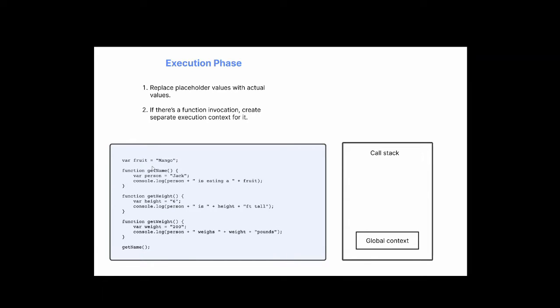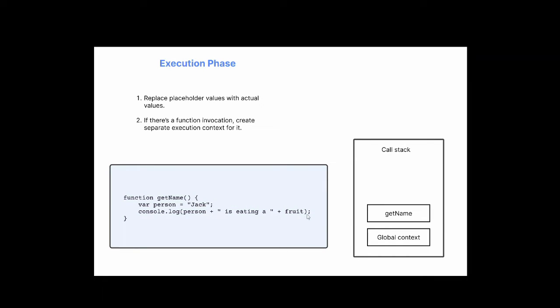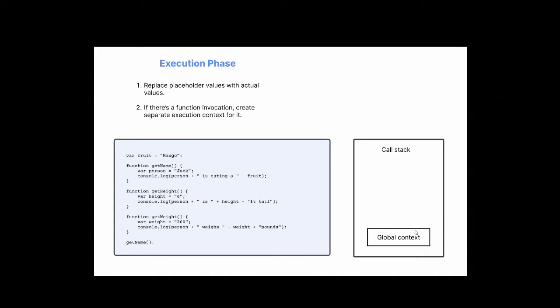Just like that, this fruit variable is accessible inside this function. So once this console log is executed, the execution phase for this function will come to a halt. It will then remove it from the call stack. Now we again come back to the global context and resume execution.